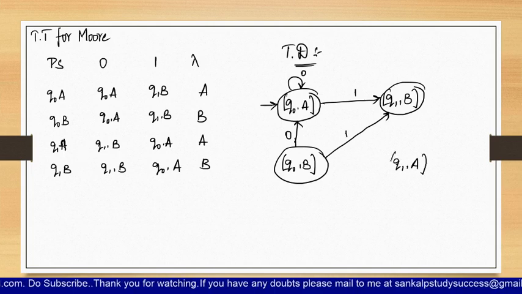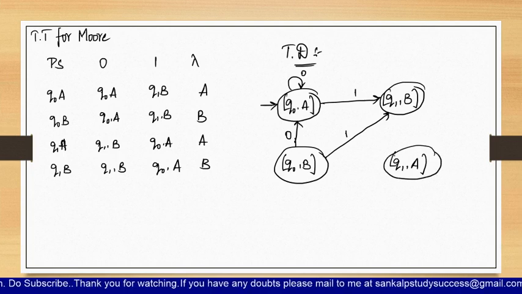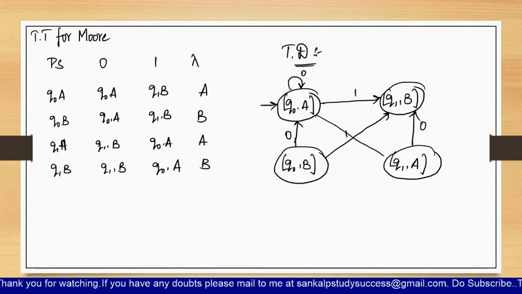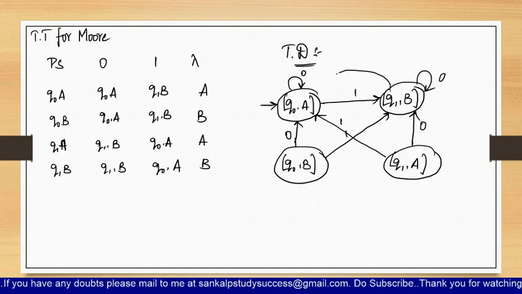For this state, if you apply 0, it is moving to Q1 comma B, and if you apply 1, it is moving to Q0 comma A. Now for Q1 comma B, if you apply 0, it is moving to the same state, Q1 comma B. But if you apply 1, it is going to Q0 comma A.